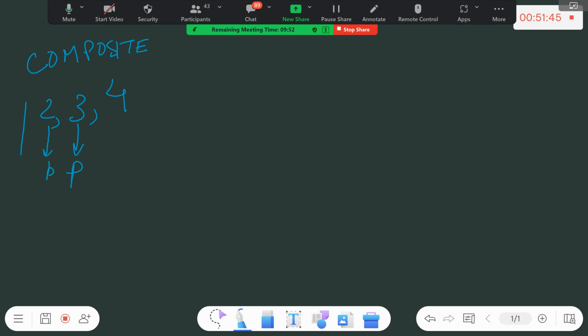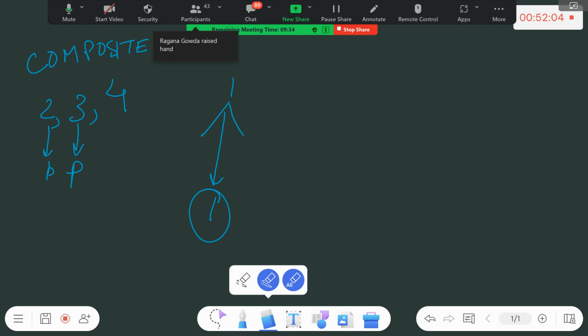But what about 1? It's neither a prime nor a composite number, because 1 does not even have two factors. 1 has only one factor, that is 1 itself. So 1 is a unique number.